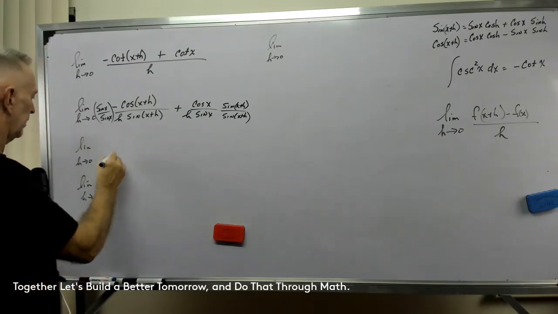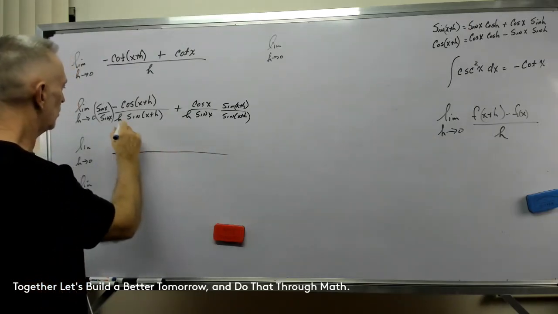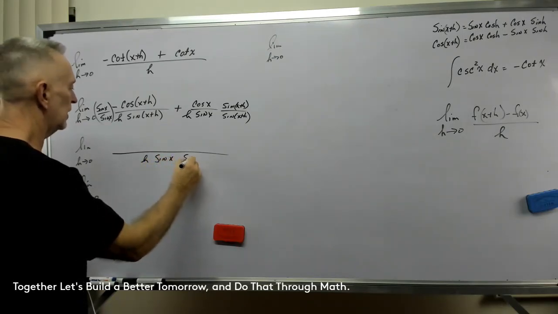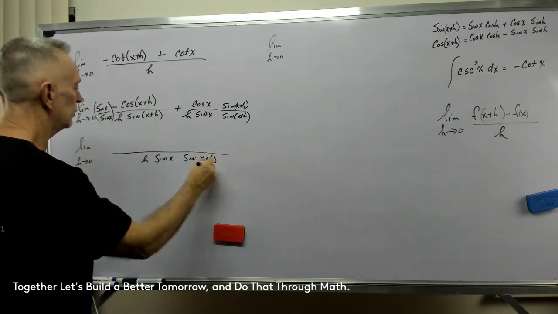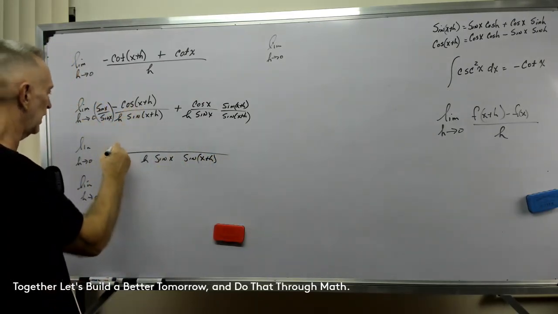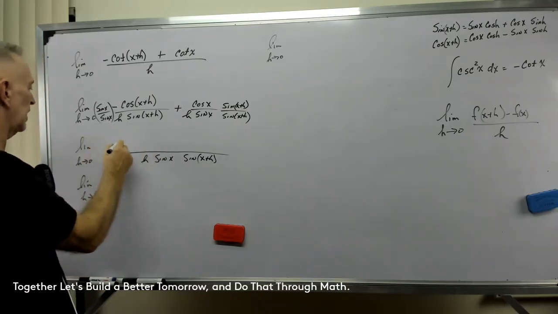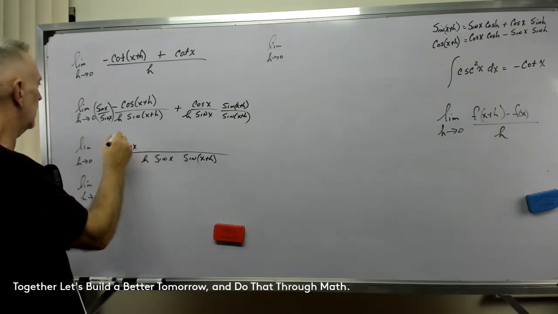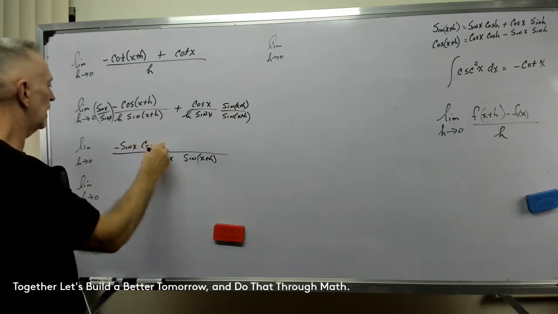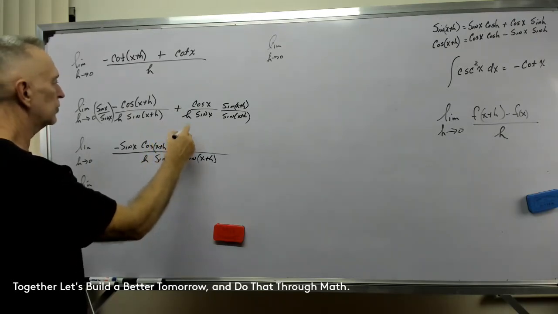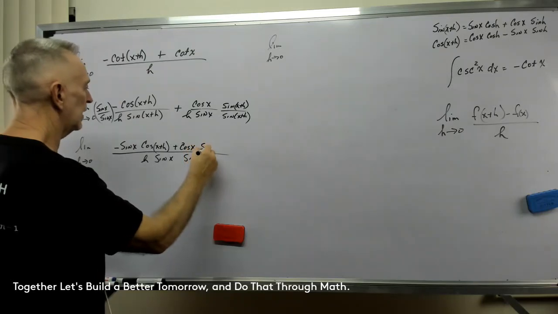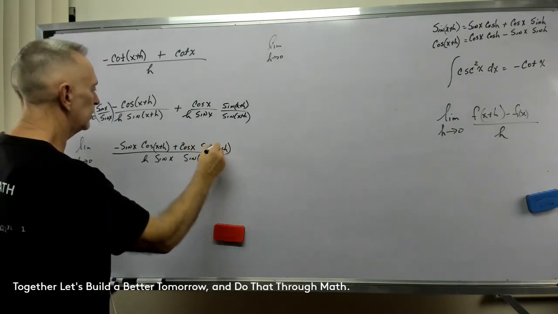Okay, what do we have here? It's all over h sine x plus h. I have sine x times a negative cosine x plus h, so I'll move the negative sign to the outside: sine x times cosine x plus h, plus cosine x times sine x plus h.